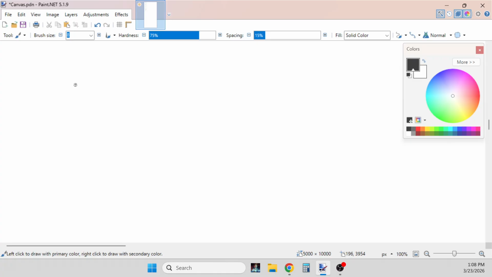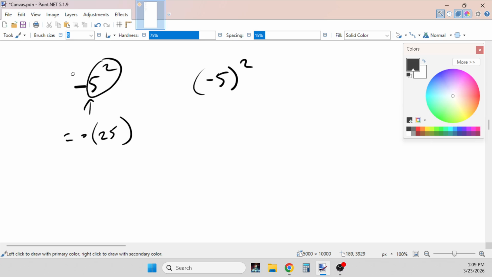With exponentials, we have this problem here. This one means do the exponent first, and then do the negative sign afterward. This one means the same thing as this, and that means that we'll cancel these negative signs in pairs.